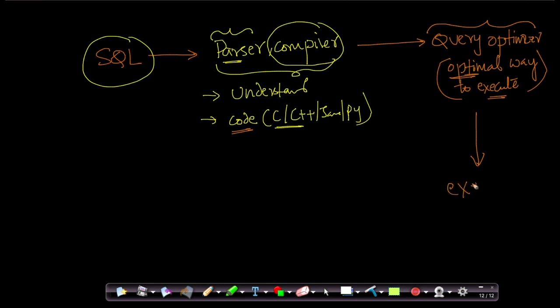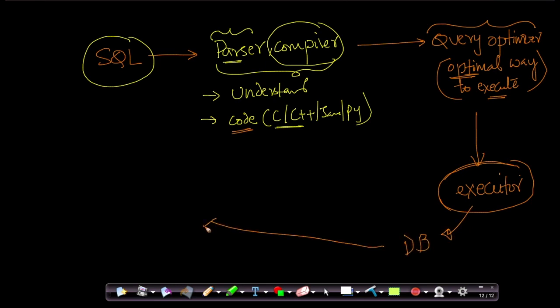And then there is a query executor, which at the end of the day executes the query, literally the code, on the database, and whatever it retrieves, we get the results back.